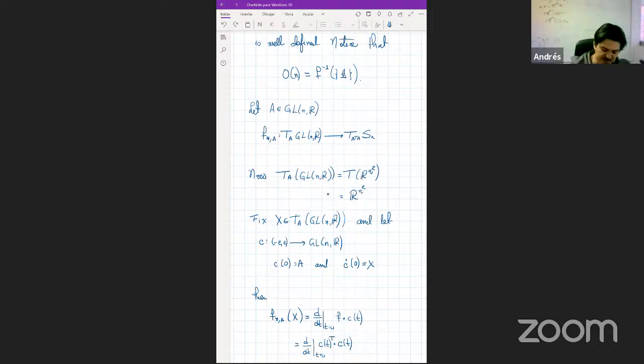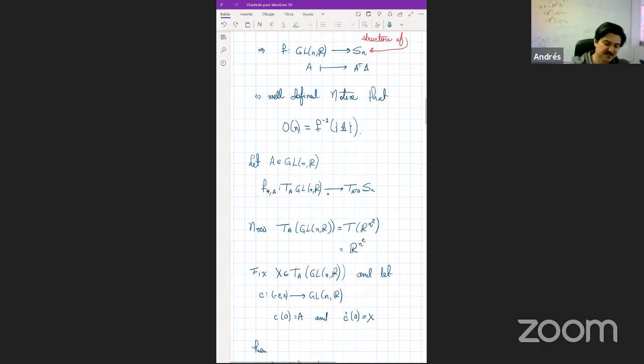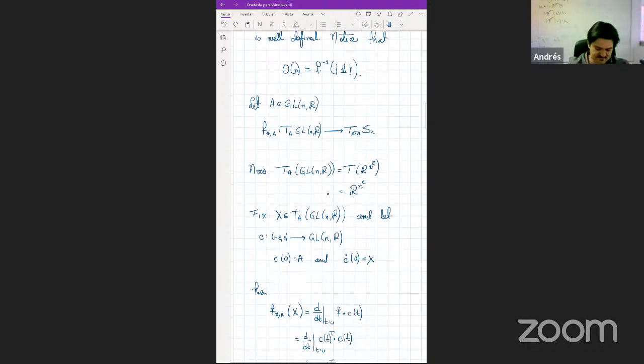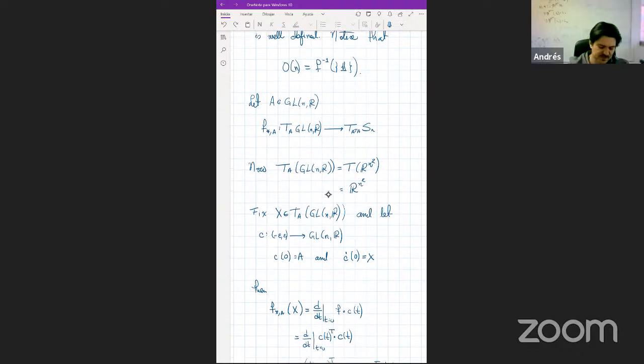And now we use the definition of F. Remember what F is. A goes to A transpose times A. So F applied to this matrix is the transpose times this one.